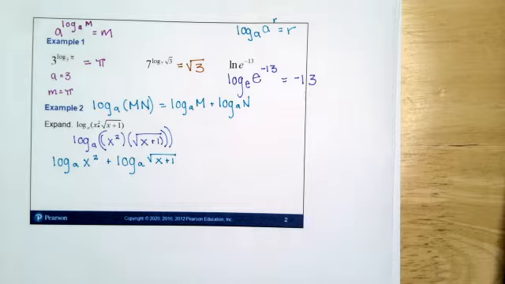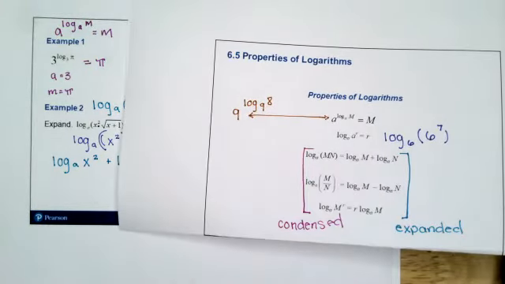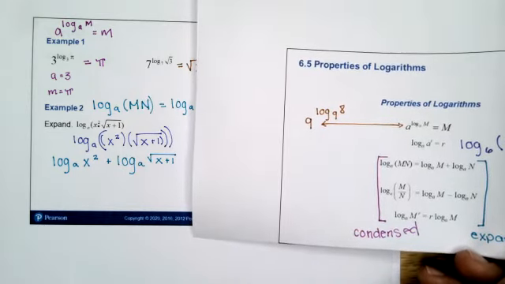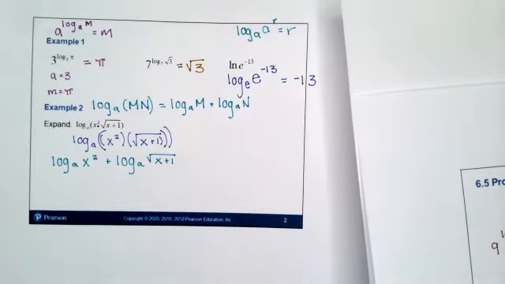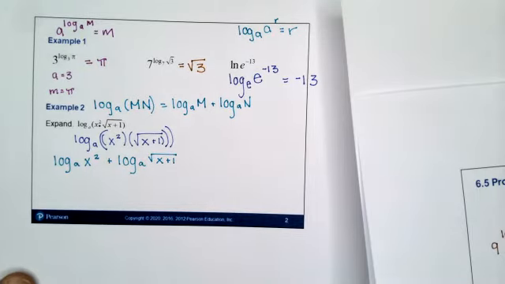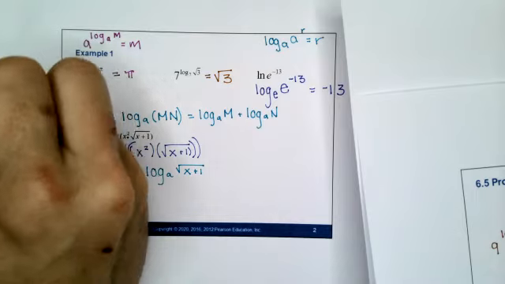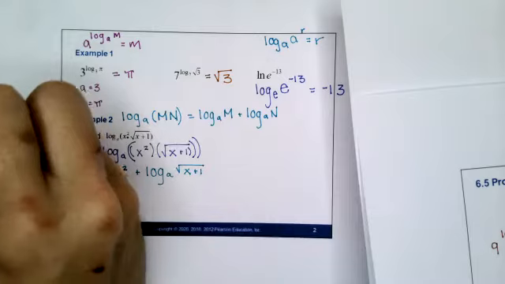What other rule might apply? So we applied this rule to expanding it. What second rule could we use? We can use that third one, right? Log base a of m to the power of r becomes r times log base a of m. All right, so before we do that, I want you to think about what the square root symbol means. The square root of x is the same as x to the power of 1/2, right?